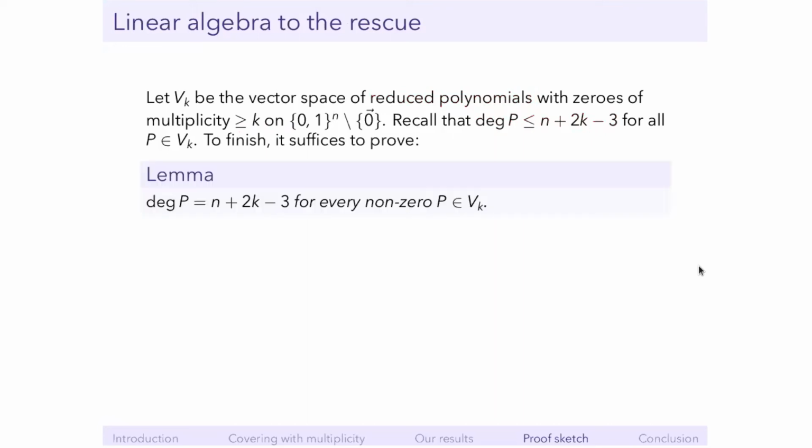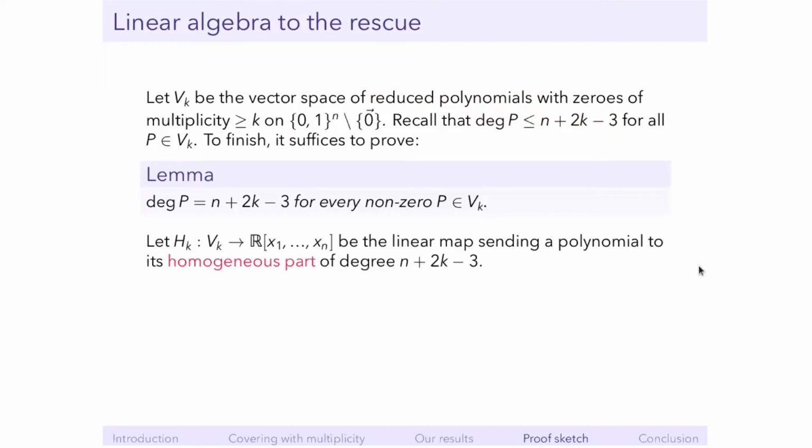So to finish the proof, it suffices to prove this lemma, which is that for every non-zero polynomial in the space Vk, its degree is actually equal to n plus 2k minus 3. So this is what we have to prove. In order to do this, let's let this function hk be the linear map which just sends a polynomial to its homogeneous part of degree n plus 2k minus 3.